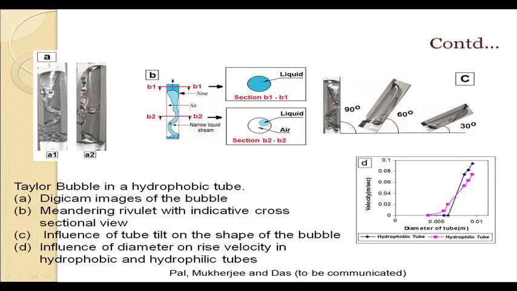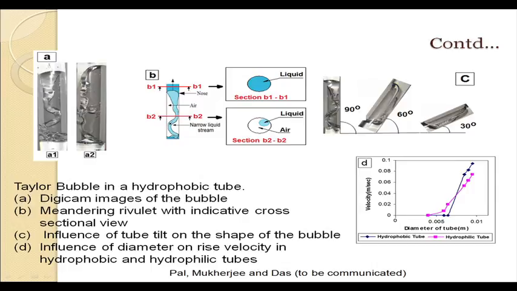If you observe the Taylor bubbles, they are axis symmetric and bullet shaped in the circular pipe. The same pipe with the same dimension, when it was a glass pipe in which we had performed the experiments, and the same pipe when it was coated with silane to give a contact angle of around 115 degrees, we found that the shape of the Taylor bubble underwent quite an interesting change.